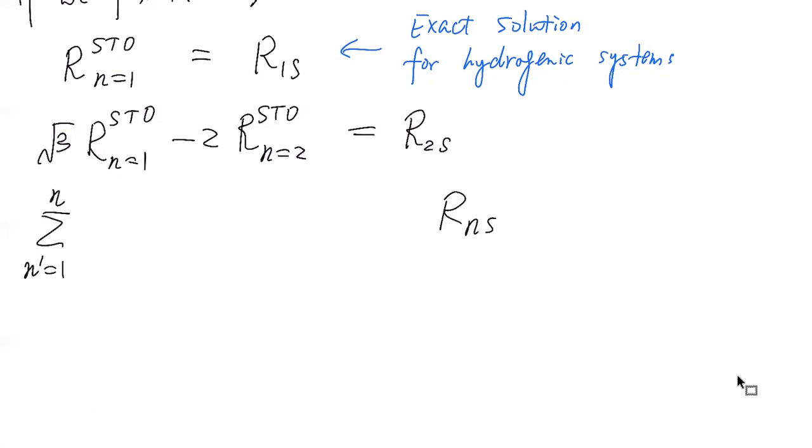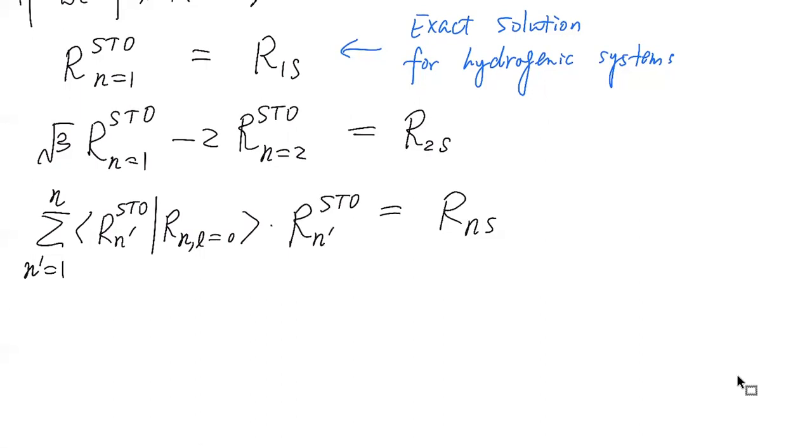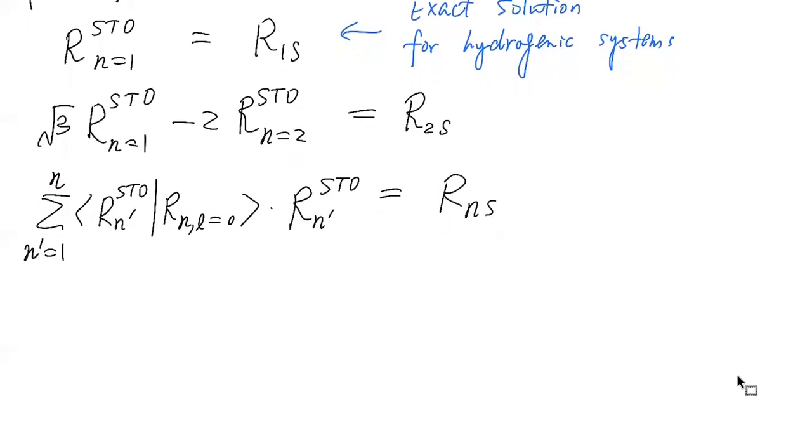You will have 5 terms in the summation. And the coefficient, of course, is just an inner product, dotted with R_n' STO. So you will have a linear combination of the STOs to give you the exact physical solution for the ns state.